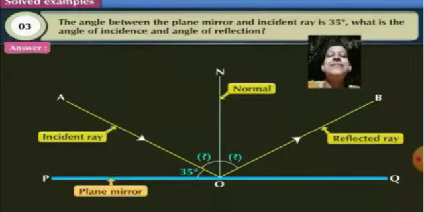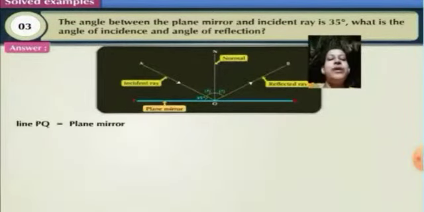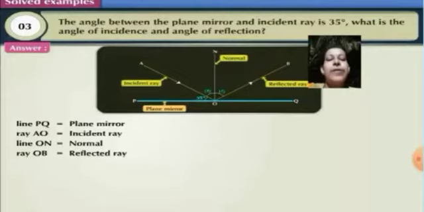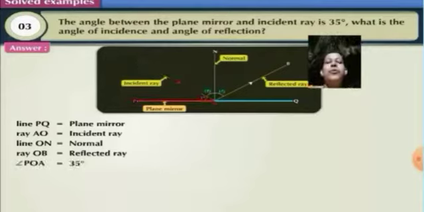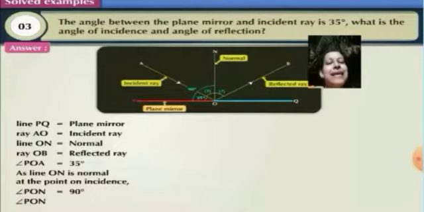First let us write down what is given here. Line PQ is representing the plane mirror, ray AO is the incident ray, ON is the normal, and OB is the reflected ray. Now we know that angle POA is equal to 35 degree, which is given, and as line ON is normal at the point of incidence, angle PON will be equal to 90 degree.